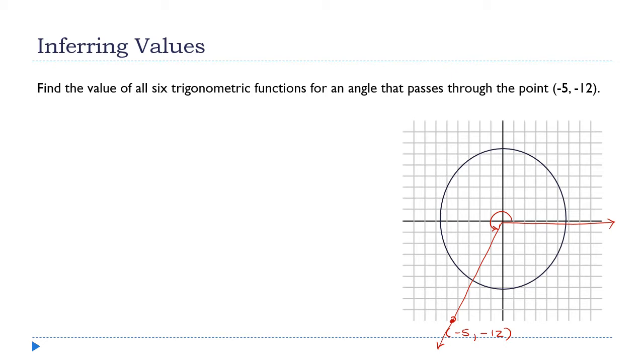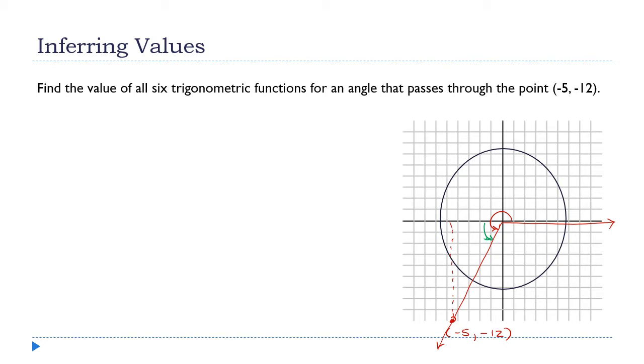I can still answer these questions because if I draw my right triangle, I have this reference angle here, and I know that the sine, cosine, and so forth of the angle that I'm looking for are going to match the sine, cosine, and so forth of this reference angle, give or take a negative sign.